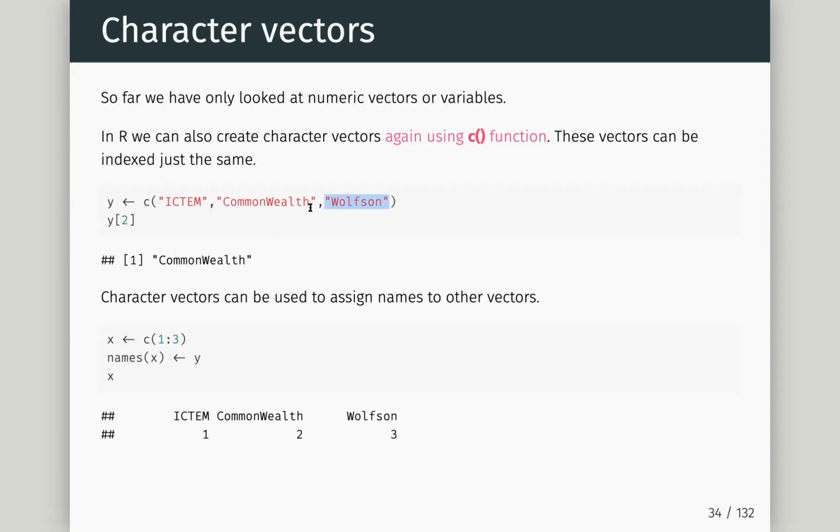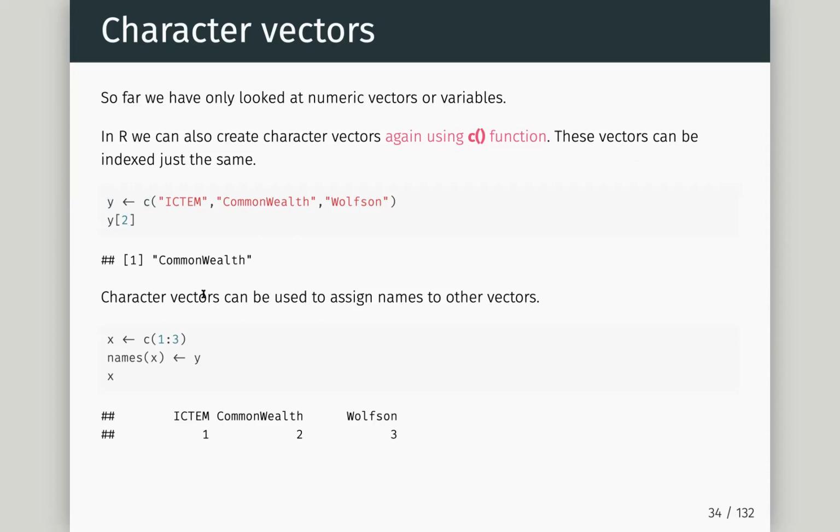And then I can do a comma between them as I would separate numeric arguments, give it again to the combine function. And now I get what is called a character vector, which I can operate on really just like I did a numeric vector. So if I want to look at what the second value was, I can do 2 in square brackets for y, and it extracts out the second value.